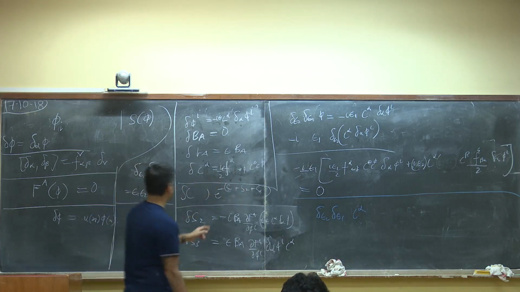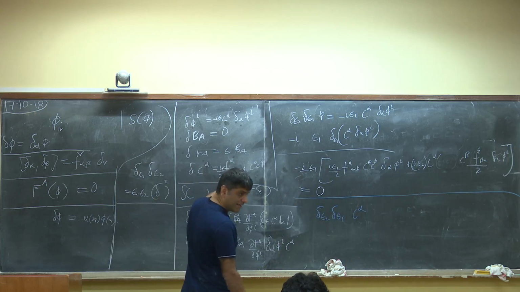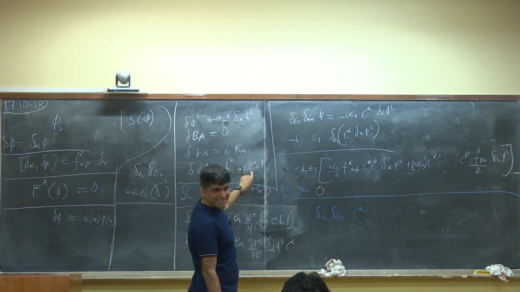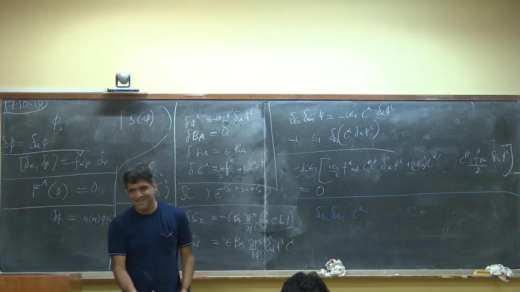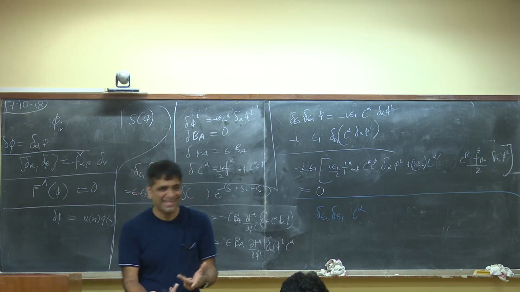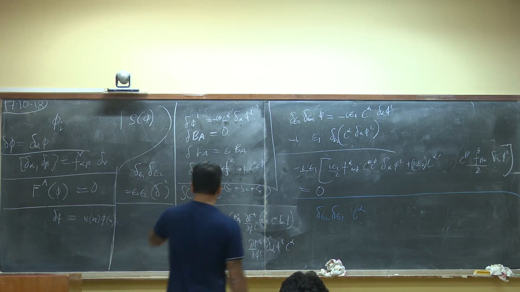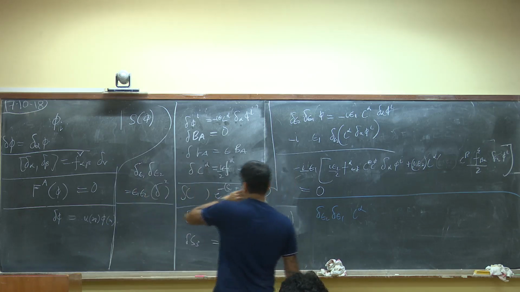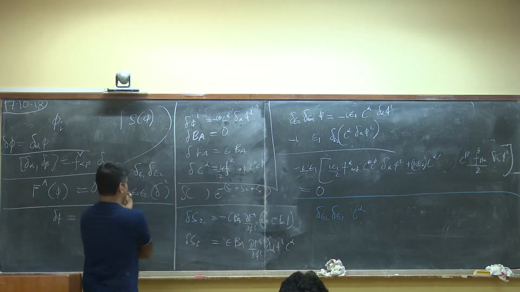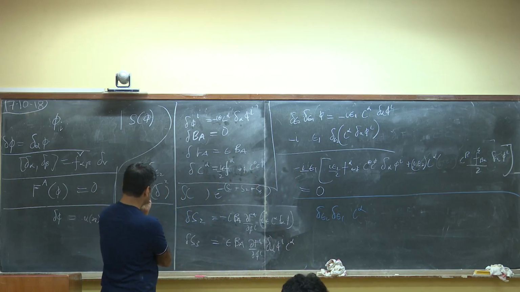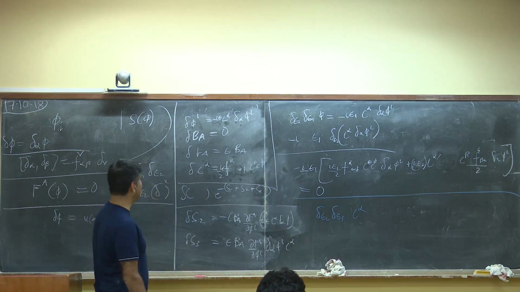See, basically you've already got an F, then you act on the C's, and you get another F. You get two F's times a C. You'll get two F's times three C's.